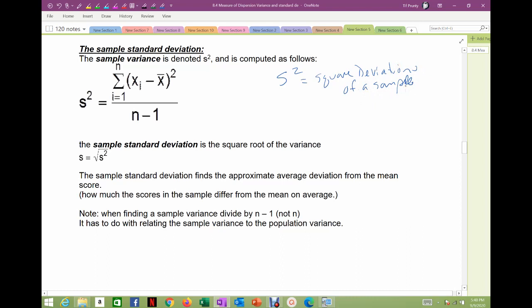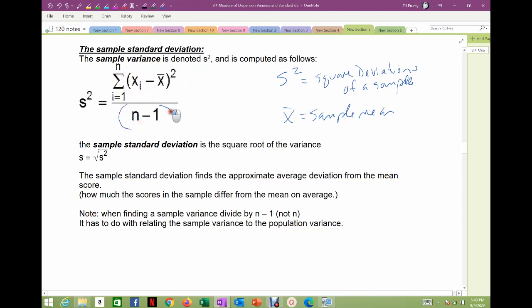The easy way to remember it is S for sample. And it's done the same way. Up top would be taking all of my scores, subtracting the sample mean, X bar is the sample mean, squaring them, adding up all of my squared deviations, that's what the summation notation is.